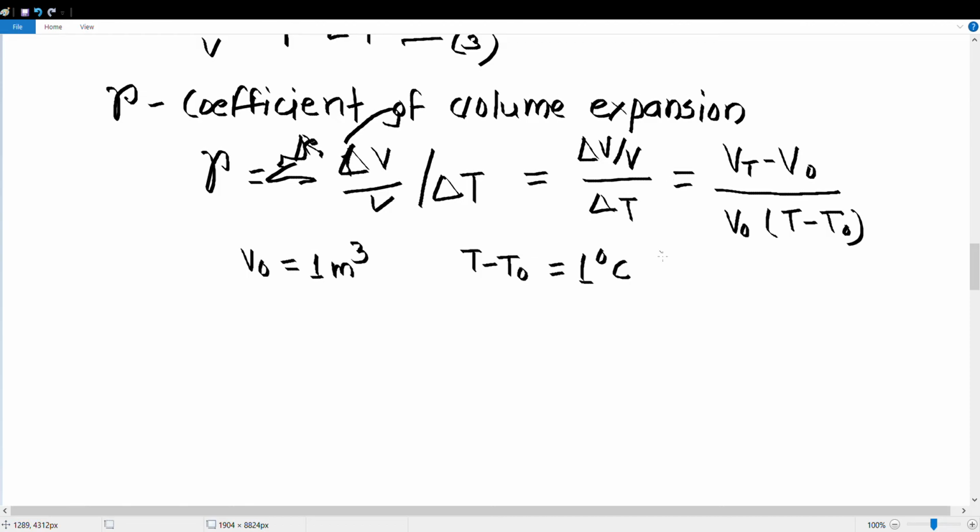Now substituting this in the equation, we get the coefficient of volume expansion, whose second name is cubical expansion.